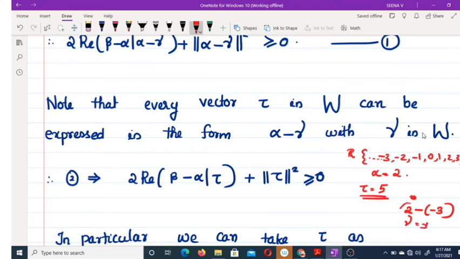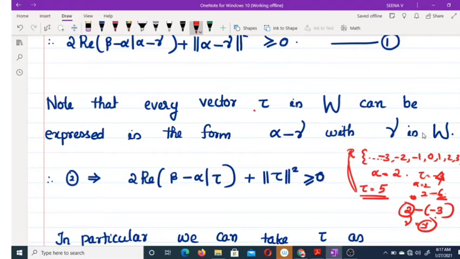That is, alpha is 2, gamma is minus 3, and this 5 you can write as alpha minus gamma. Or if you take tau equal to minus 4 and alpha equal to 2, then you can write tau as 2 minus 6 and gamma equal to 6. So as W is a subspace, we can write like this for any vector.